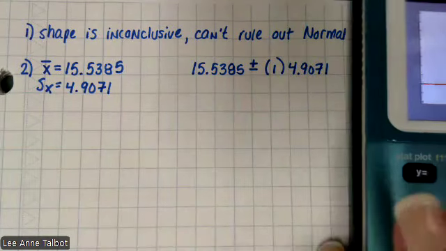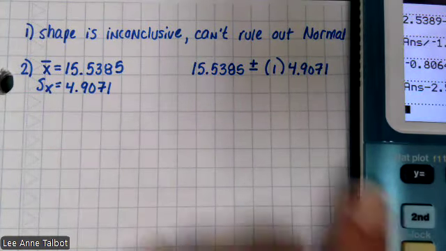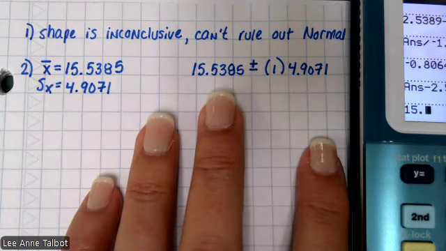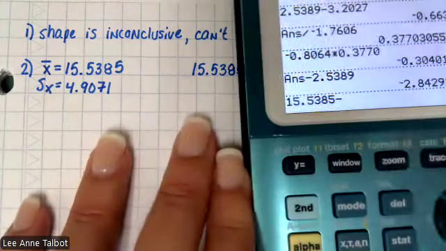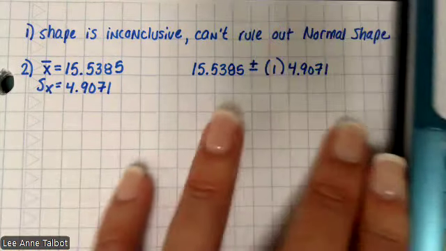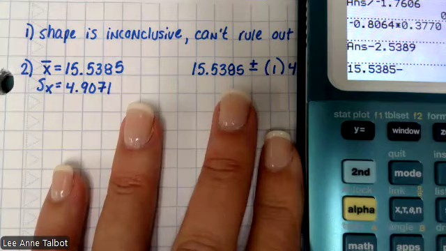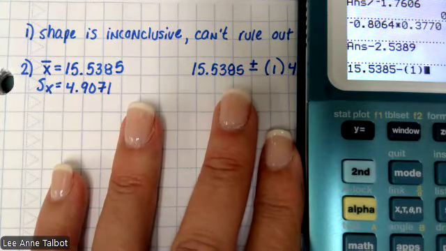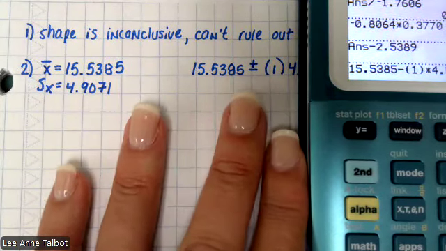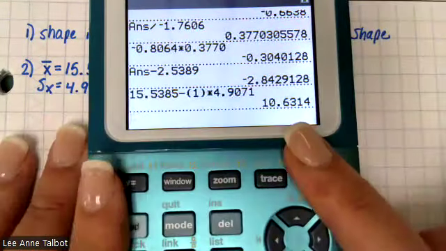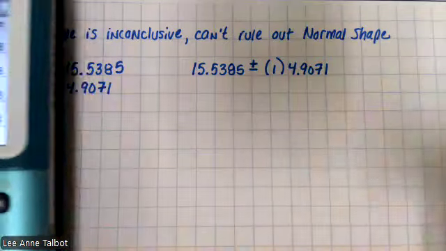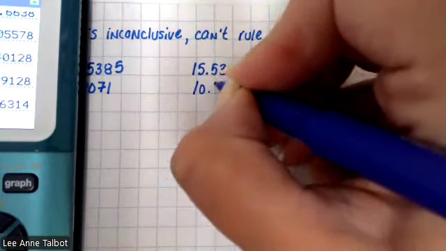Okay. I'm going to do the minus first because I like to do the low and then the high. Okay, so my low number is 10.6314.